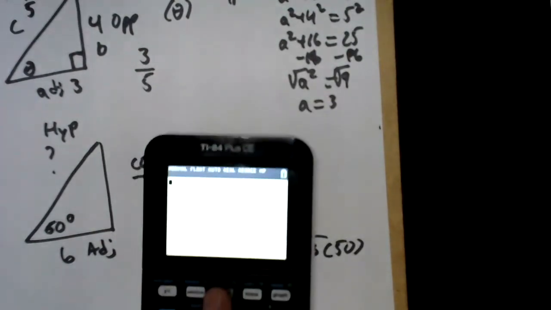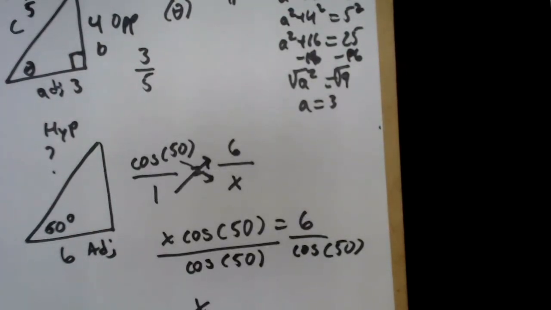I'll just do it this way and put the answer. Do 6 over cosine of 50, and you should get 9.33.